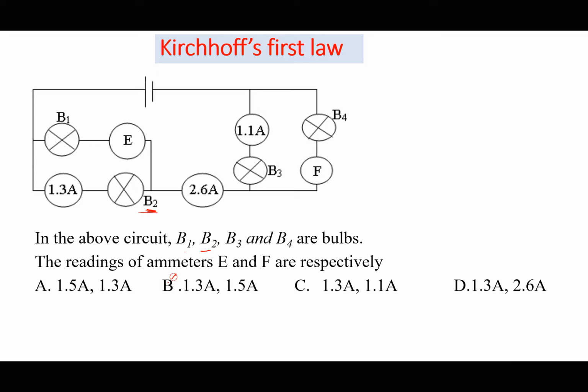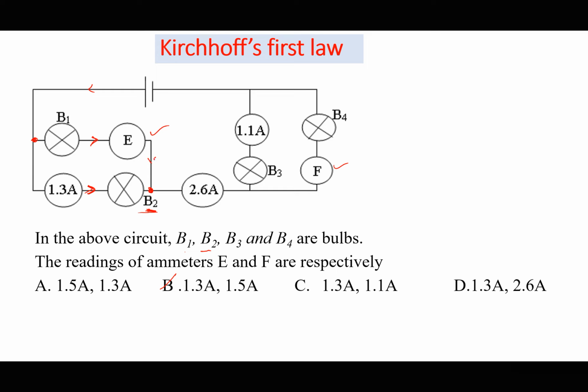So this one is wrong. Sorry, the readings of ammeters E and F. Okay, so we don't need B2. At this junction here, if current started from this point, it splits at this junction. Part of it takes this path, part of it takes this path.